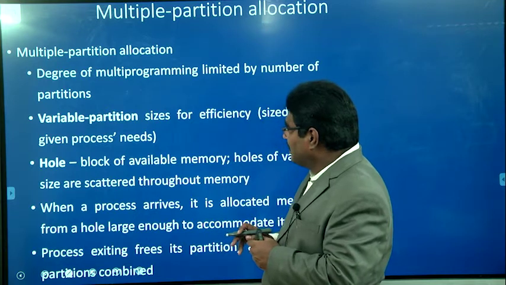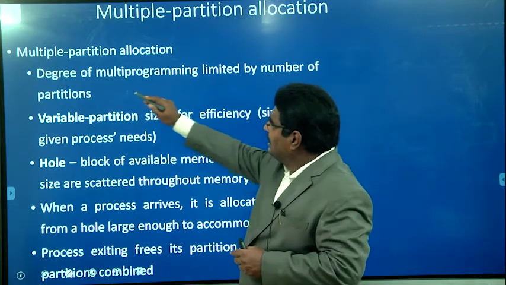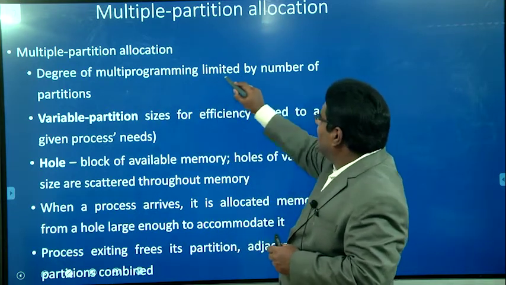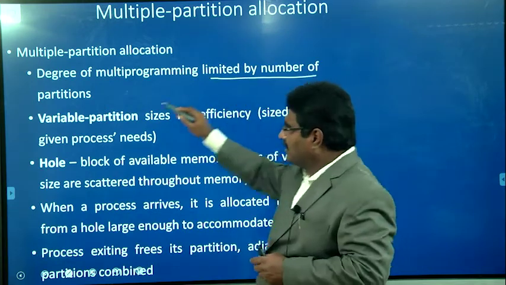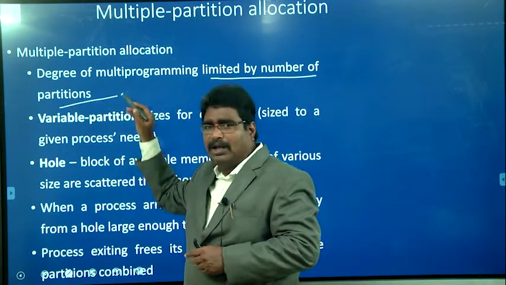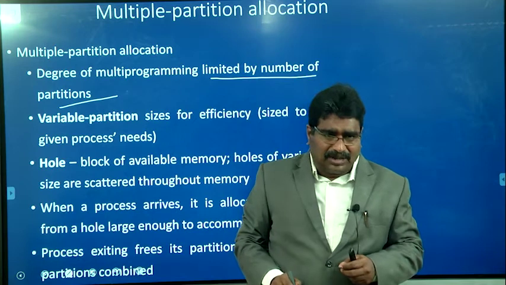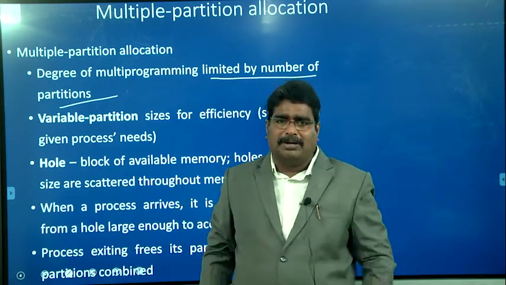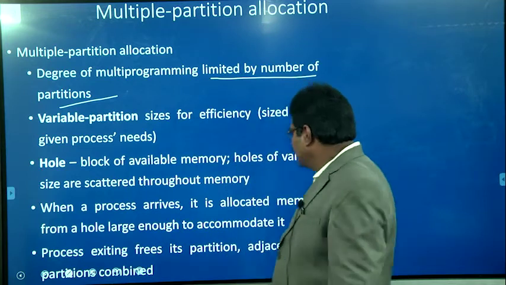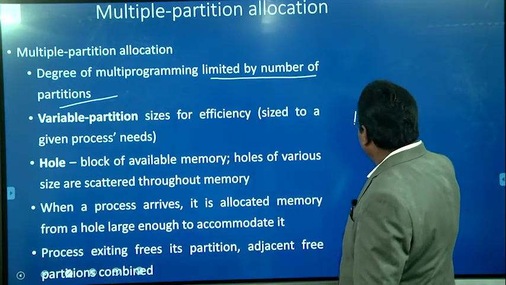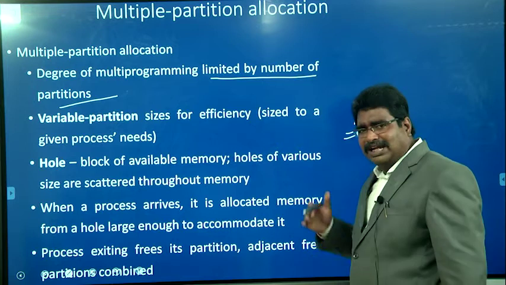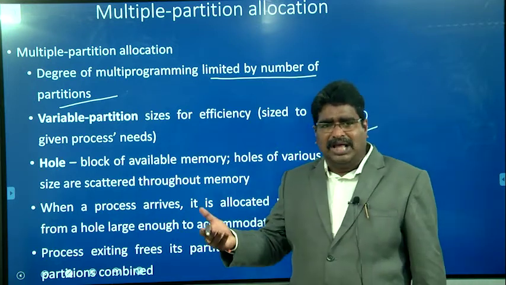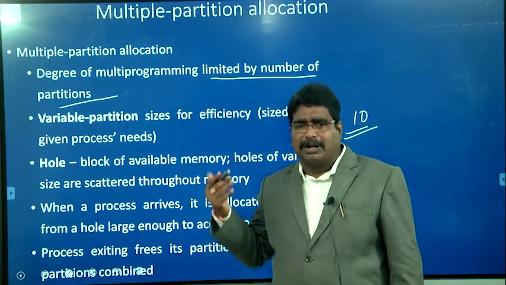So in multiple partition allocation, the degree of multiprogramming is limited by the number of partitions. What is the degree of multiprogramming? At any instant of time, how many processes are allowed to load into the primary memory? If the user space is divided into 10 partitions, then at maximum we can load only 10 processes into the primary memory.